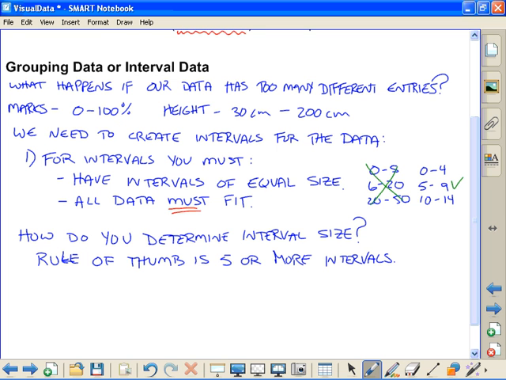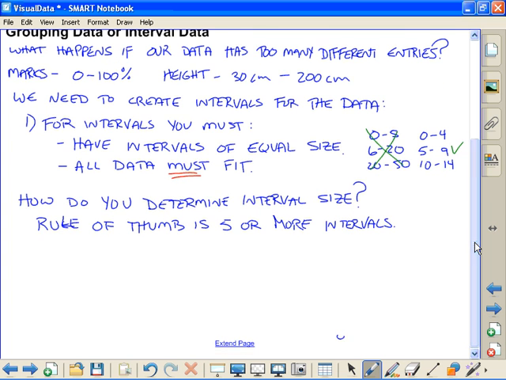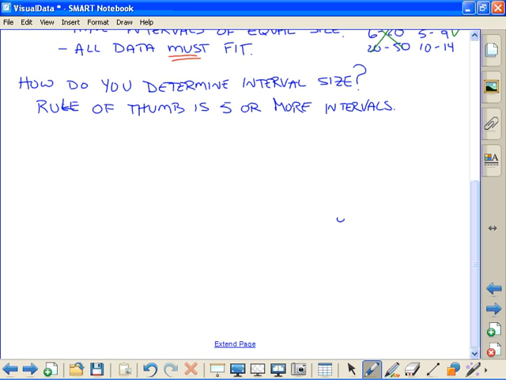If I extend the page, the formula for interval size would equal max minus min over the number of intervals.